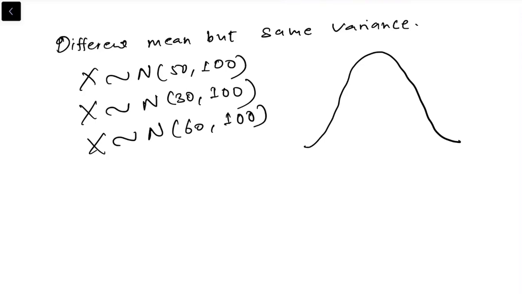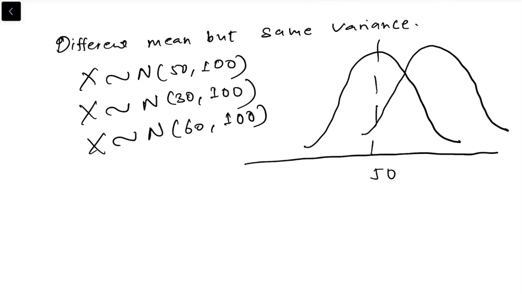Okay, so by changing the mean, the graph will shift either to the left or right, but the shape of the graph will not change. Okay, because the variance is constant. So suppose this is 50, the mean is 50, then if we increase the mean by 10, that is 60, then the graph will shift to the right. So something like this.